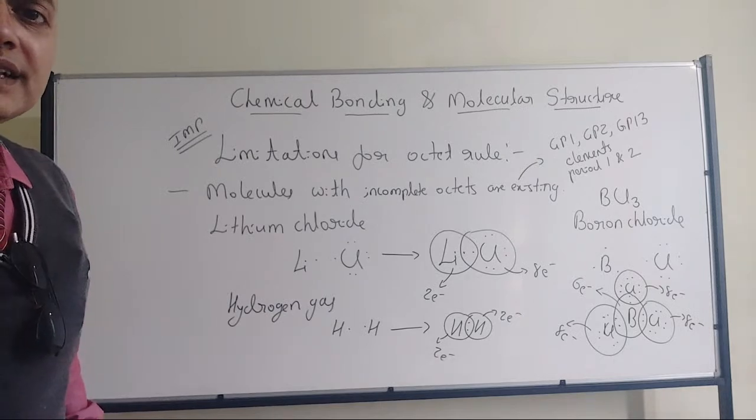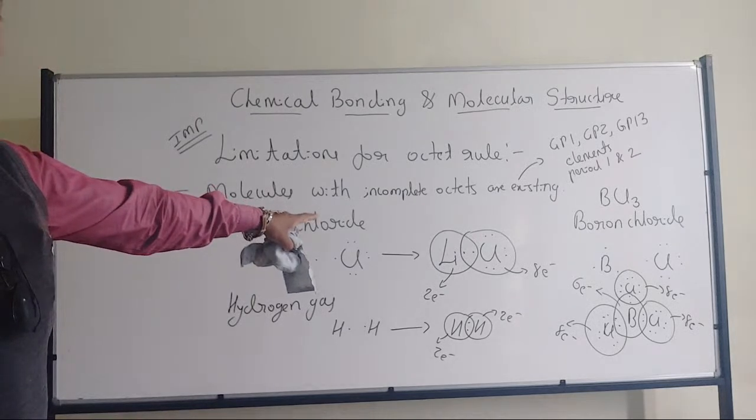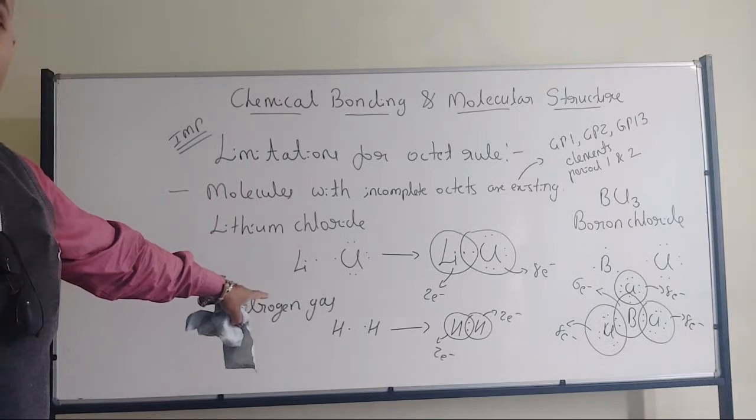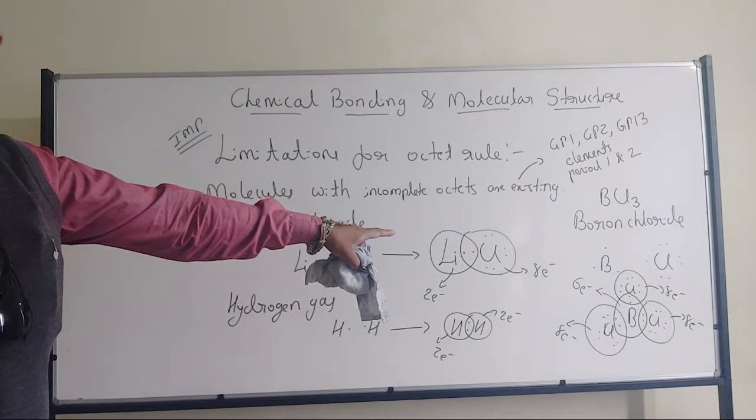Have all of you understood? Any doubts in this? If I observe lithium, group 1 period 2, hydrogen, group 1 period 1, and boron, group 13 period 2.